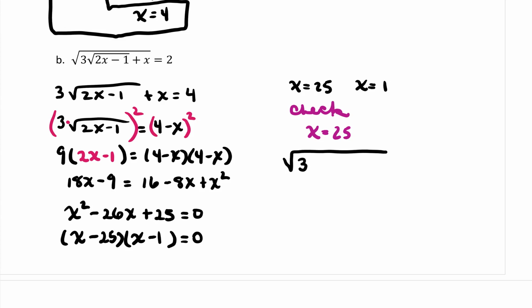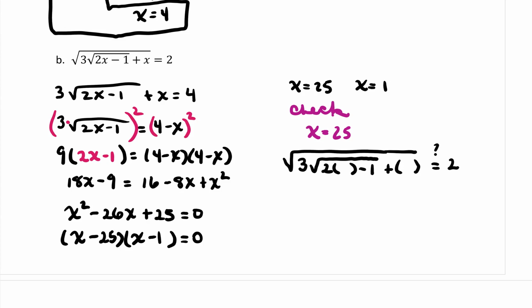So I have 3 times the square root of 2, and wherever I see an x, I'm going to put parentheses, minus 1. And then outside of that radical, I have plus x, so I'm going to put parentheses, equals, and we want to know, is this equal to 2?